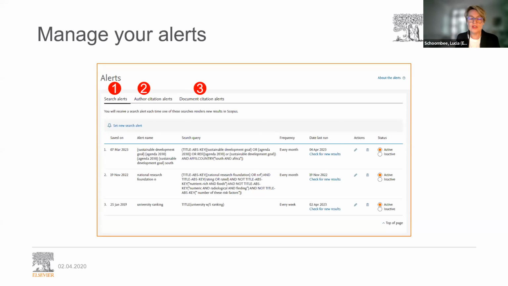You can manage and set up all your alerts in one place. You can also change them, delete them, change how often you want to receive notifications. So this is your one place where you can manage everything.